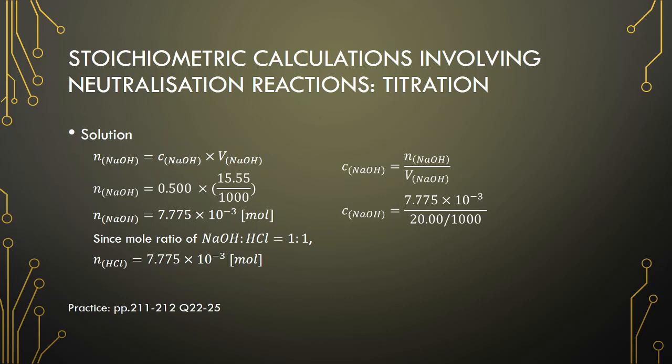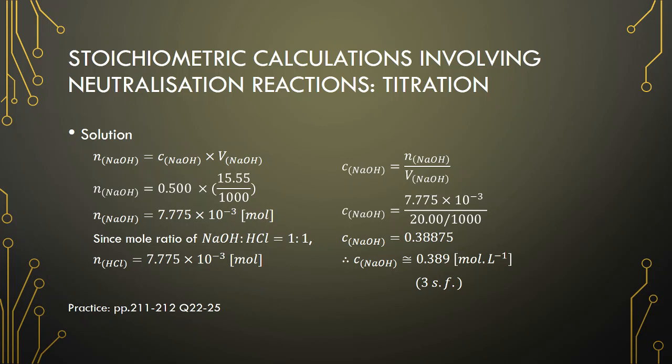So that's what was added. Divide by 1,000 again to make mL into liters. If you put that into the calculator properly, you should get 0.38875.